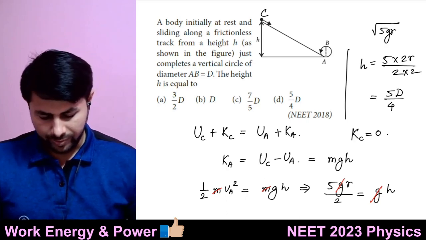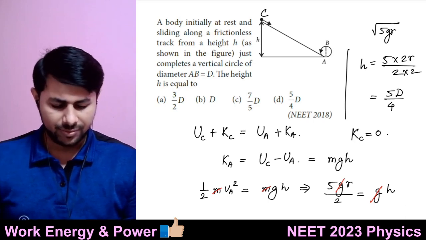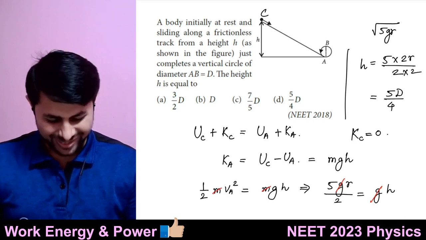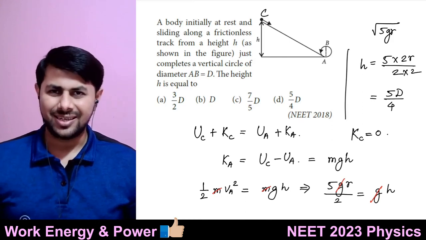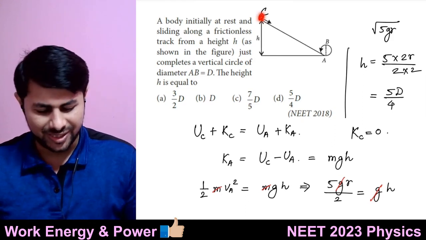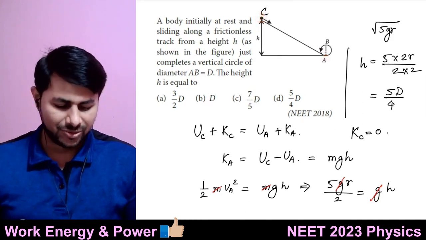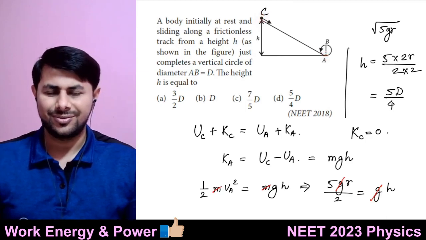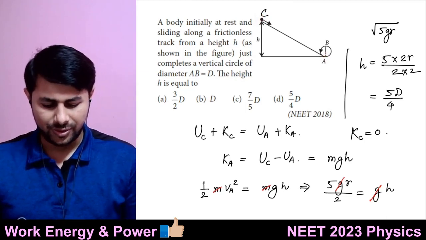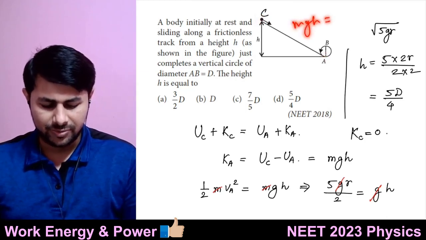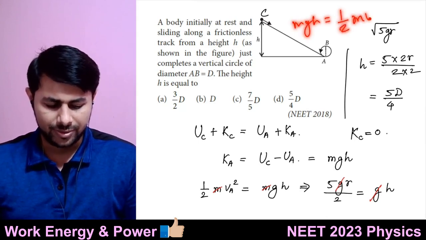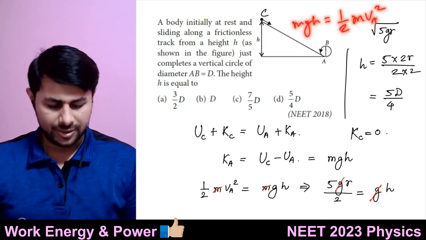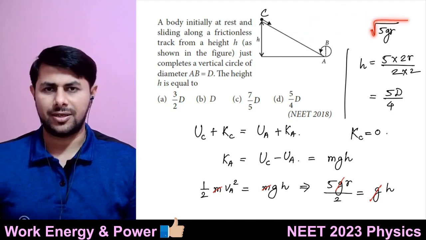But in the exam, don't do all of this. In the exam, you will just say potential energy here gets converted to kinetic energy here. So mgh is equal to half of m into Va square, and Va equals square root of 5gr.